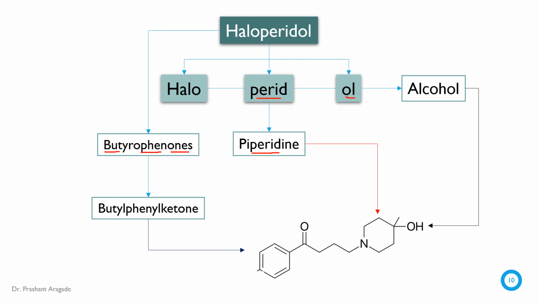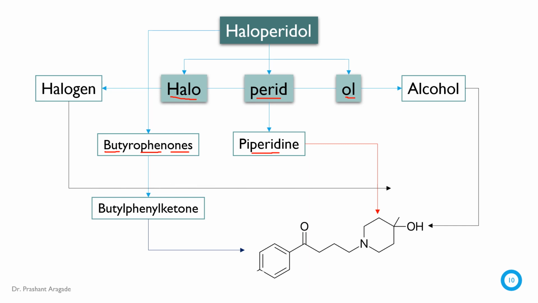Now what is remaining? The halo. Halo stands for halogen. It contains two halogens, that is chloro and fluoro. Then you have to first attach the 4-chlorophenyl ring to the piperidine ring, and attach the fluorine at the fourth position of the first phenyl ring. So this is the structure of haloperidol.